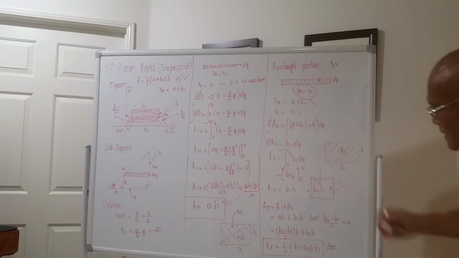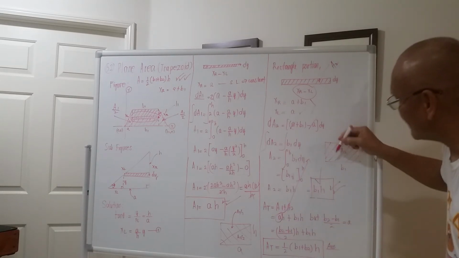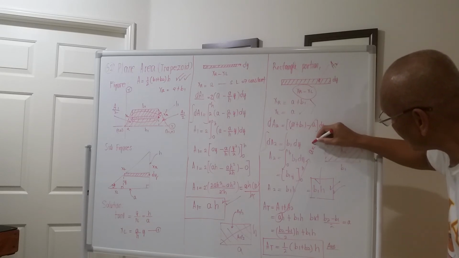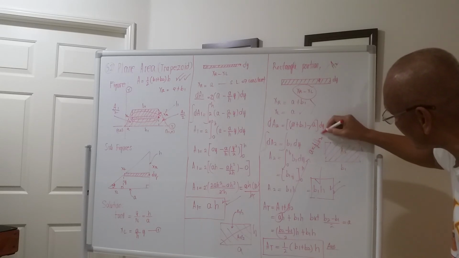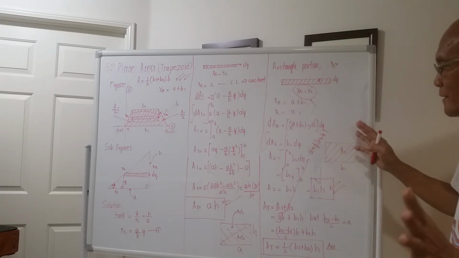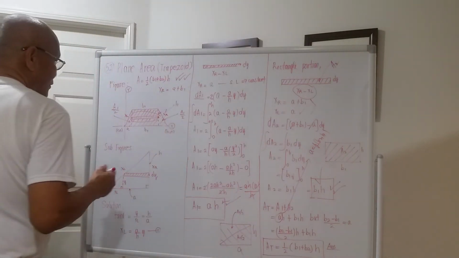Okay? But I actually introduced A over here. So I will try to bring out A as a function of B2 and B1. How could we find the relation? Okay, I'll try to go back to the figure.